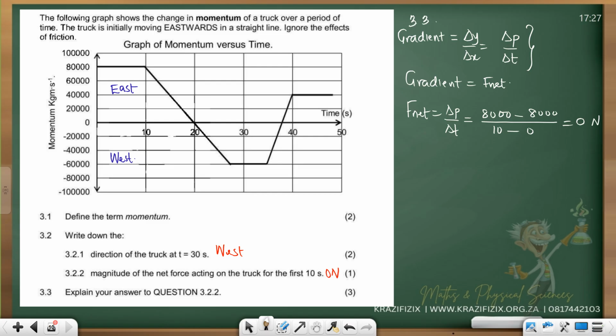Gradient is F net. And the gradient is horizontal, which means it is equal to 0. Look, you are just fine. With just this, you are fine. Okay, so that's the answer to 3.3.